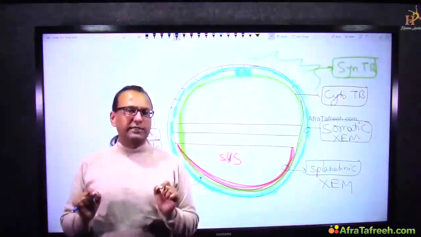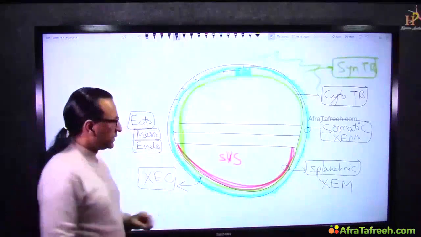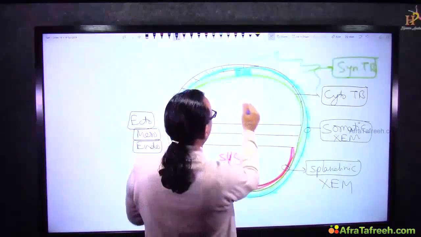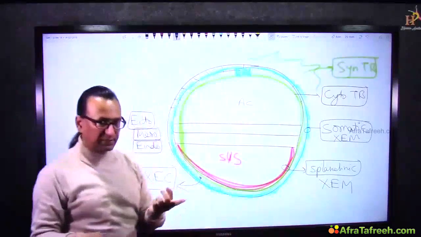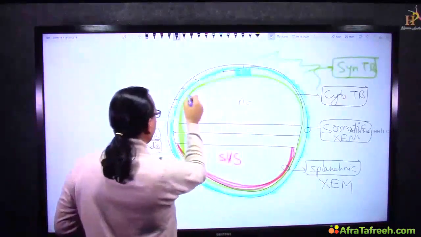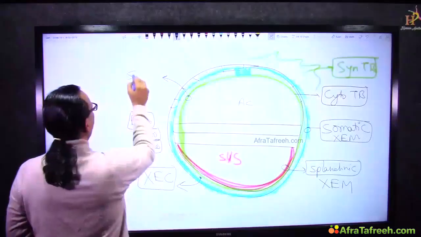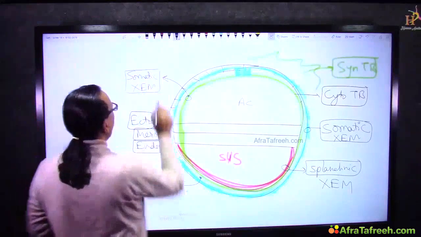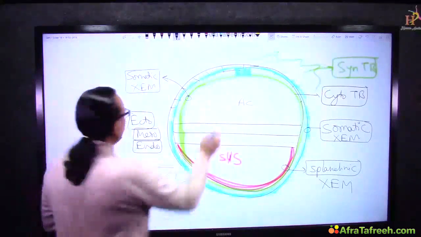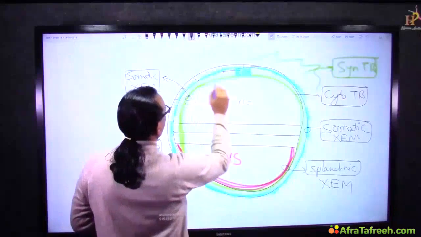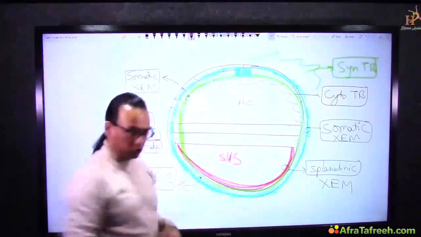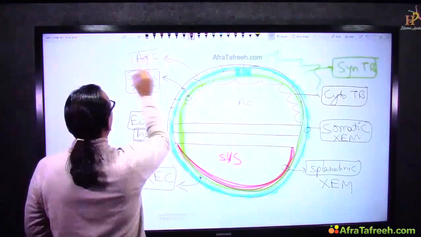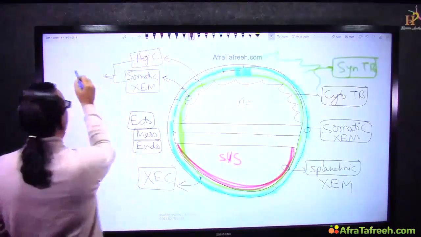Where all do you see this somatic layer? It is covering the amniotic cavity, and when it is covering the amniotic cavity, this somatic extra embryonic mesoderm, along with the amniogenic cells formed by trophoblast, together will form amnion.